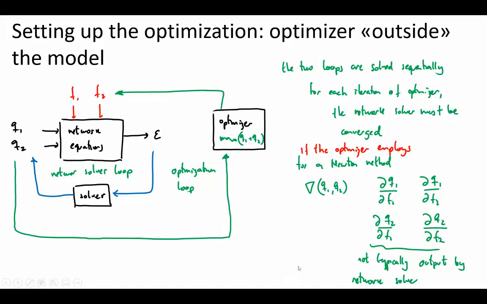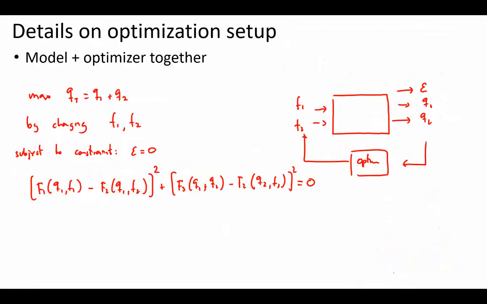How to do that? Well, if they're output by the network solver, that's fine. But if not, you can do, for example, a numerical approximation. If I put both together, I say, well, I want to maximize these two by changing the frequencies, but now I have to put this as a constraint.